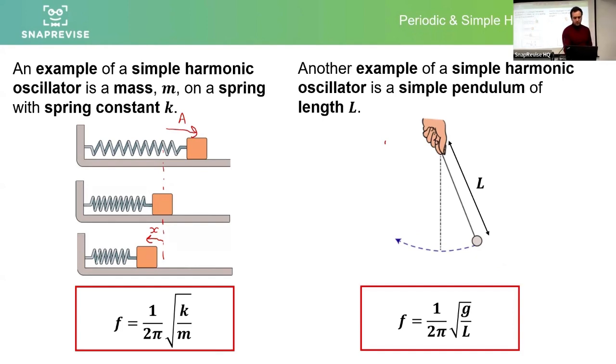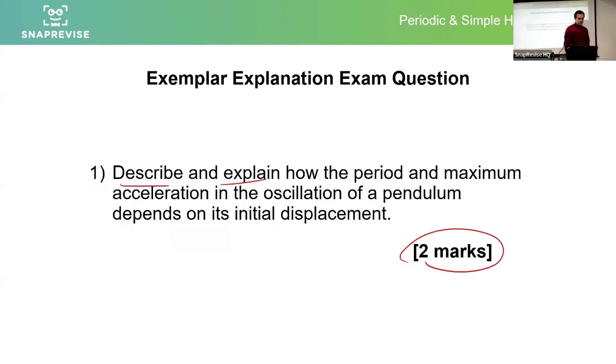So the period will be 2 pi root L over g. So it depends on what planet you're on, because it depends on the gravitational acceleration. And it depends on the length of the string, but actually it doesn't really depend on anything else.